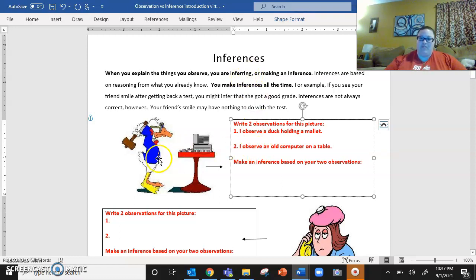So I'm sure some of you saw this duck and thought, oh, he's angry at the computer. You jumped right into inferences. That's awesome. So based on my two observations, the duck holding the mallet and an old computer on the table, I can infer that the duck is angry at the computer and he's about to smash it. So that's what I'm going to write.